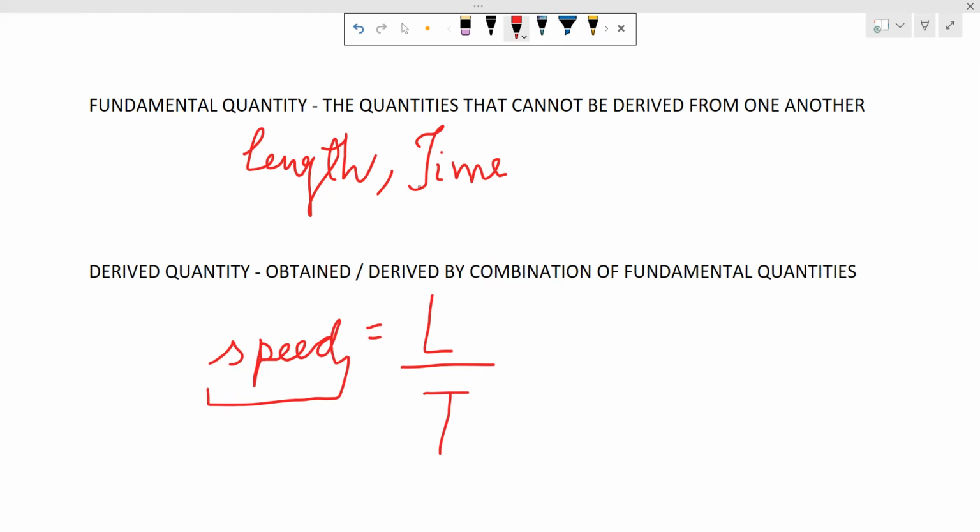Derived quantity. And area. Is area a fundamental quantity or derived quantity? Derived quantity. How? Length into length is your area.